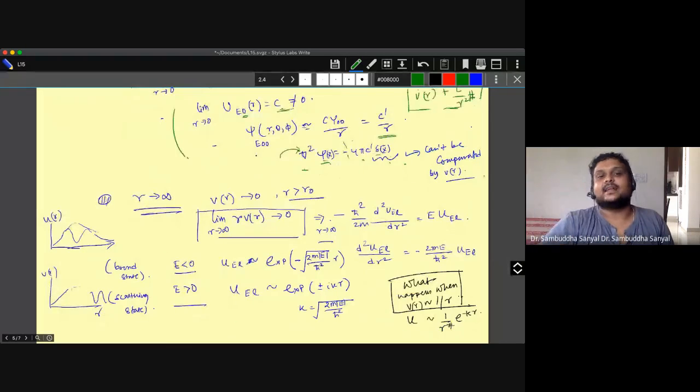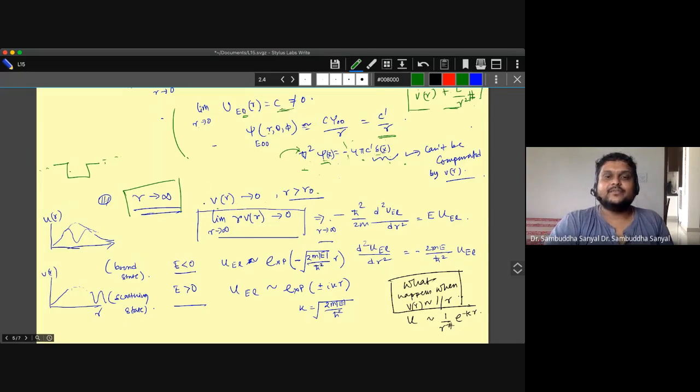Now let's take the other limiting condition: we want to know what happens at r going to infinity. Let's talk about a potential where VR goes to 0 for r greater than r0, which is typically what happens in a large number of potentials, because in many potentials there is a finite region and outside it the potential is 0.